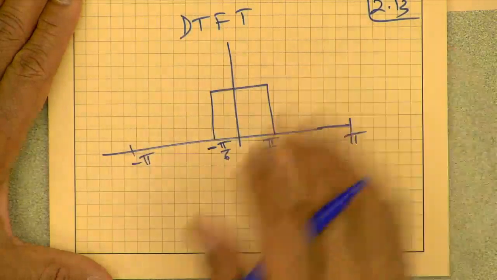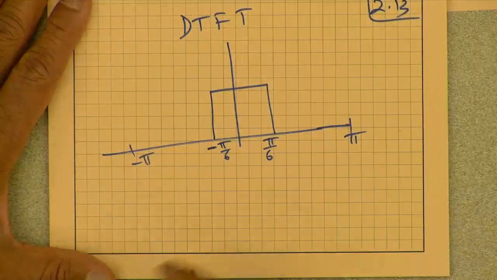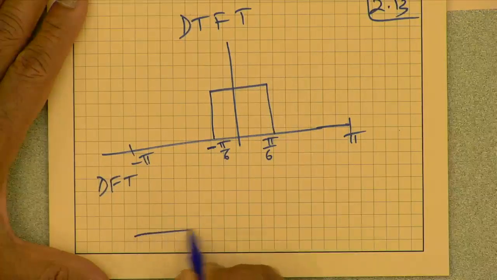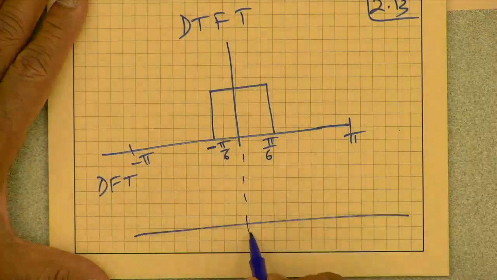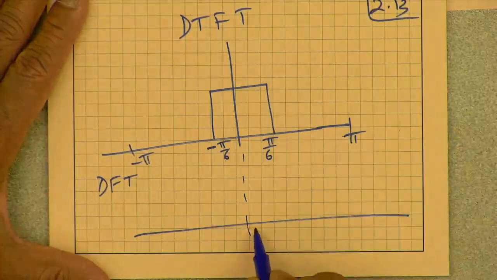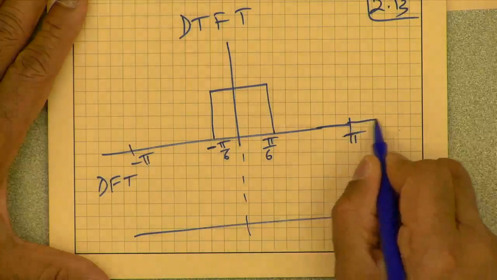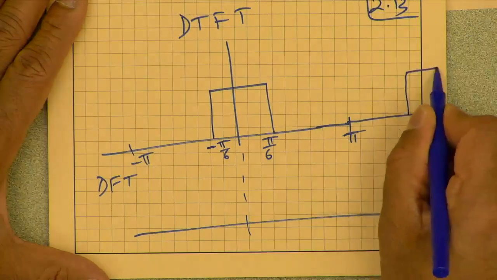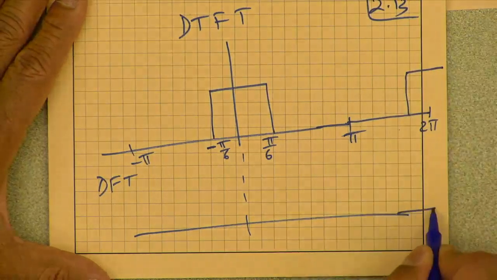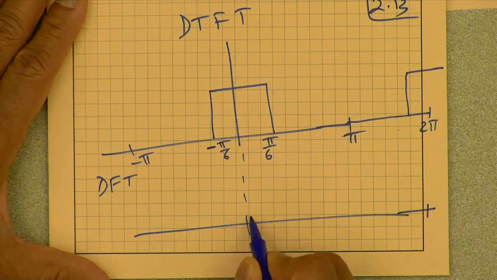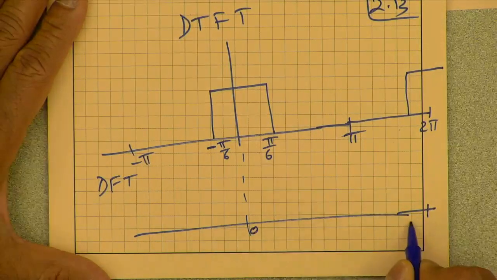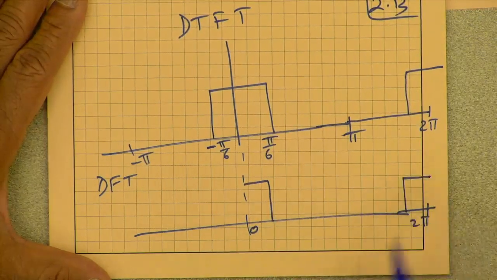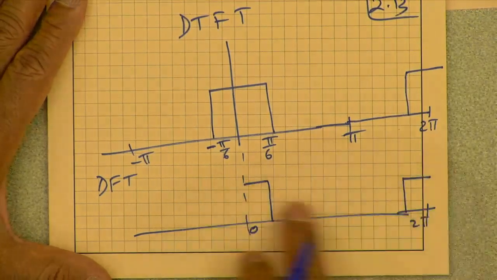The DFT is computing n samples. So when you compute DFT, think of this first as 0 to 2 pi. So you extend that, this is twice pi, and there will be another part here. Think about what the DFT is computing as the one-sided version of that, not the two-sided version. So that's what the DFT is computing.